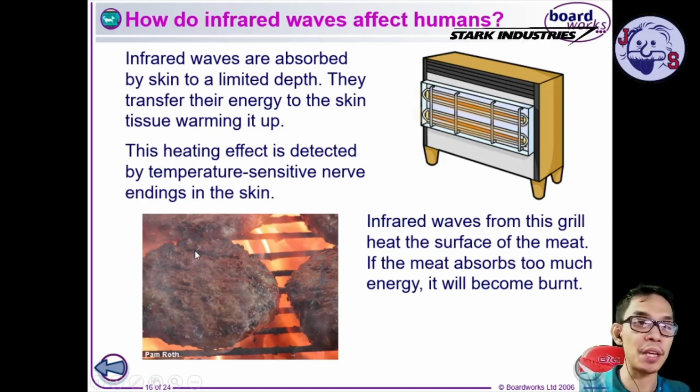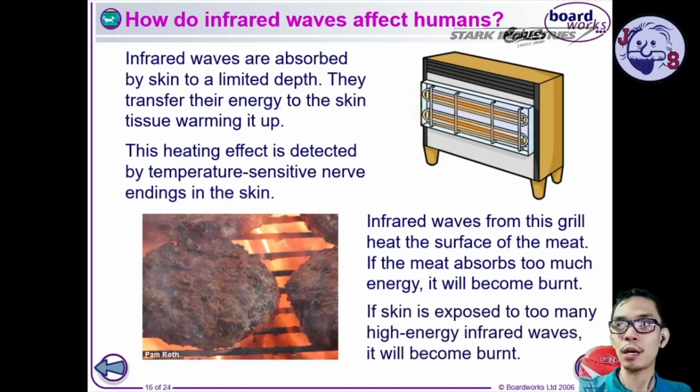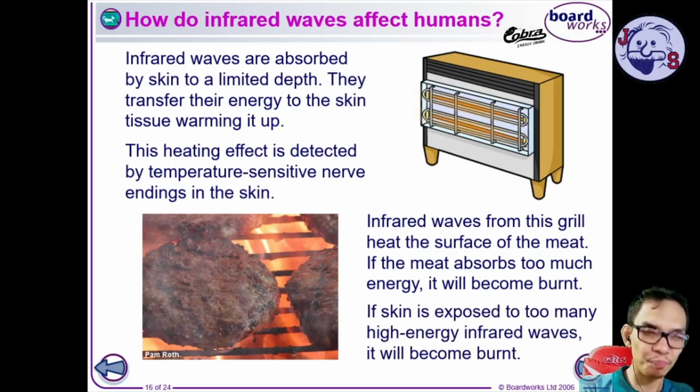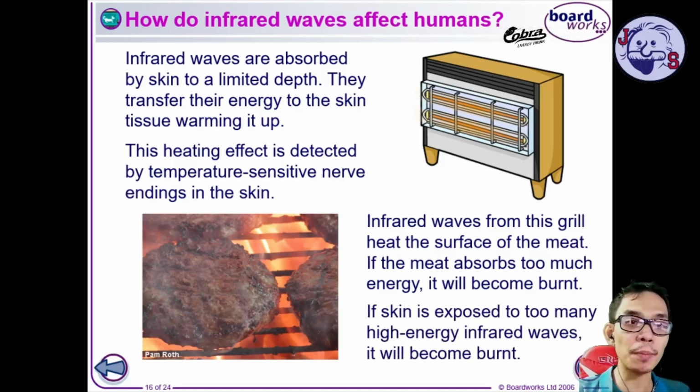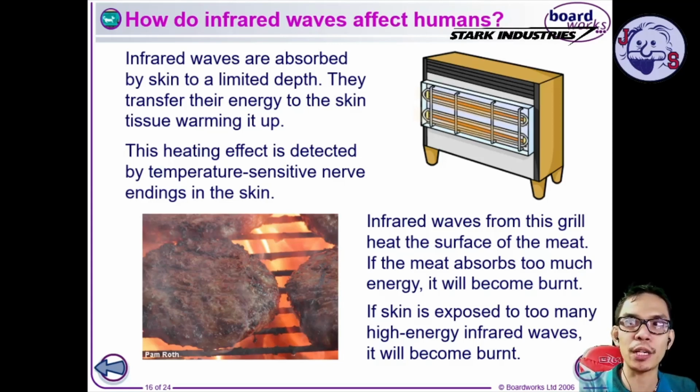Same thing as your body: too much exposure to infrared rays will cause burns. So as much as possible, limit your exposure to infrared rays so your skin will not be burned. So that is your infrared waves.